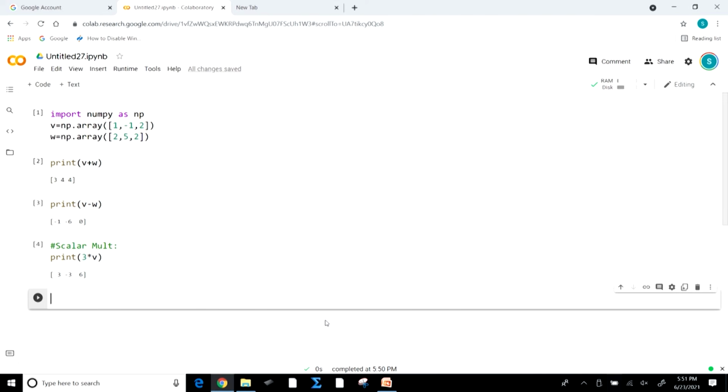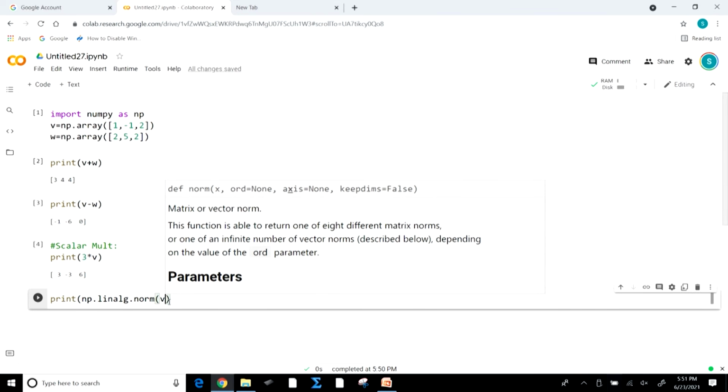I can find the length of this vector. Let me find the length of V. Simply, I can use the command for finding the length, np.linalg.norm. Linalg stands for linear algebra, which is a sub package in NumPy, and norm is for getting the length, of whichever vector we pass.